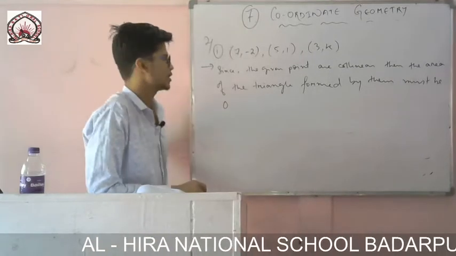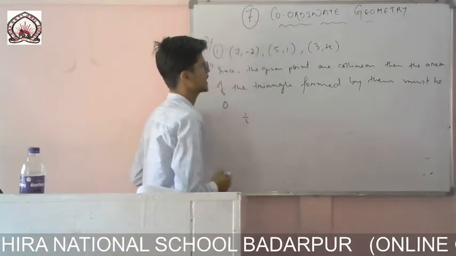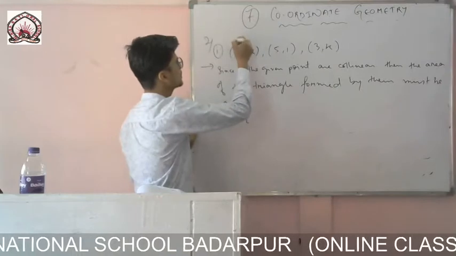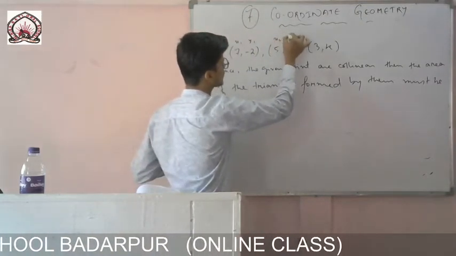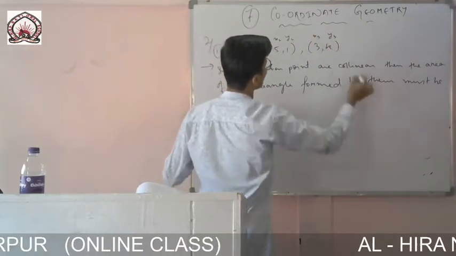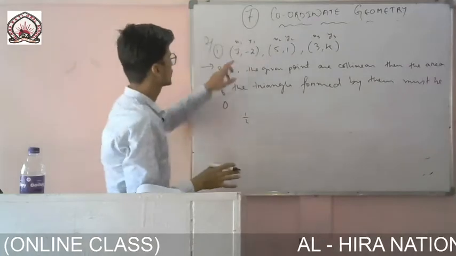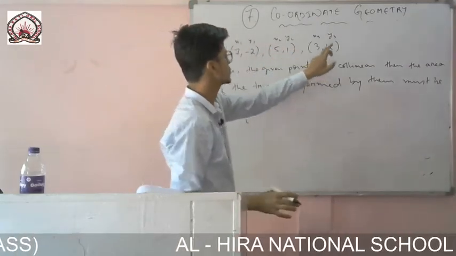So now I know the formula, it is half into x1 minus x2. Again let me name them, it will be very easy for you: x1, y1. If you have a problem, you write like this in the question and then solve it, but don't write it in the main answer. So this is our x1, y1, this is x2, y2, this is x3, y3.